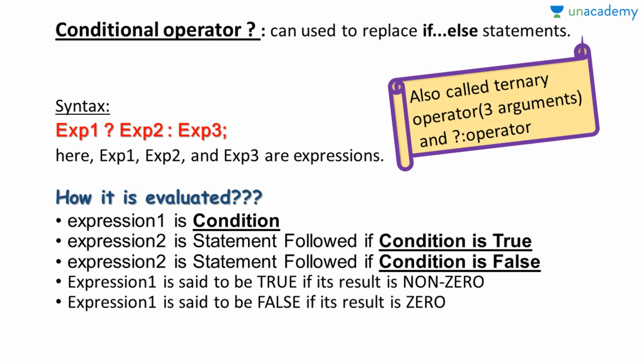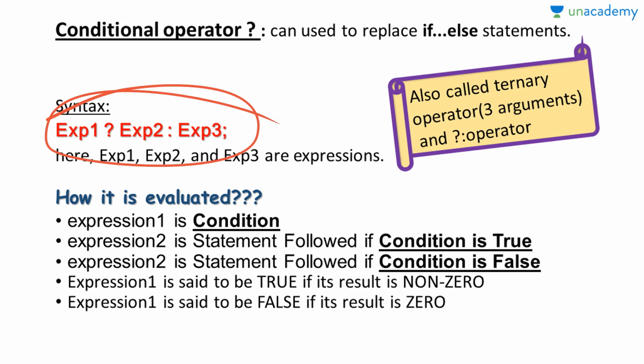So now conditional operator. This is also called the ternary operator because it's using three arguments. It is represented with a question mark and a colon. Conditional operator is used to replace if-else statements. This is the syntax of the conditional operator.